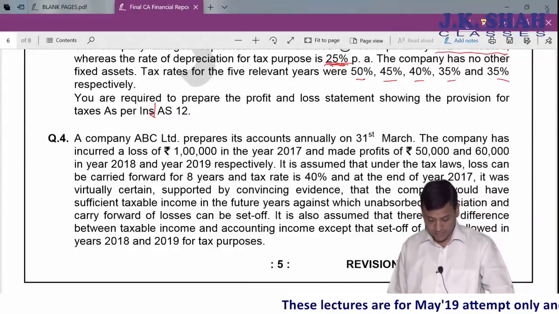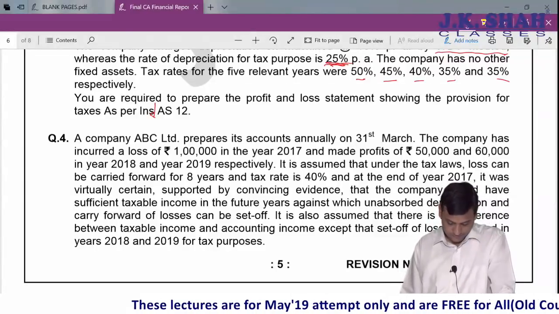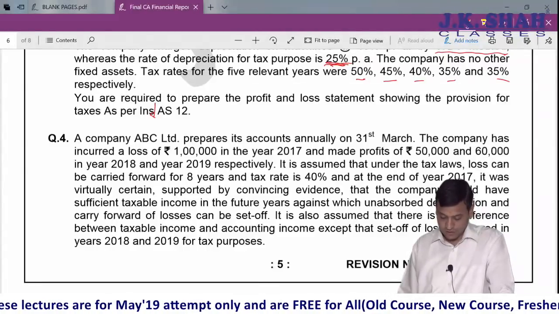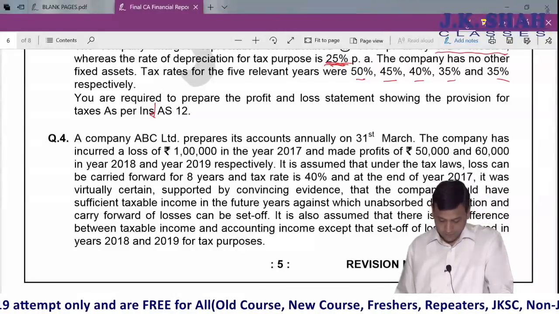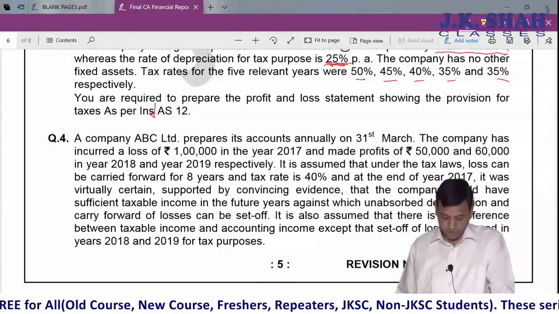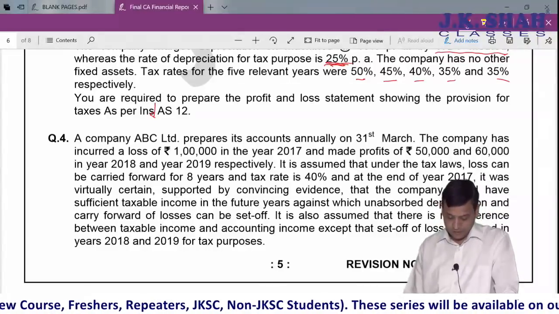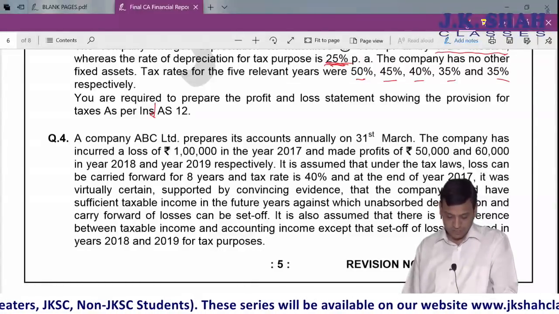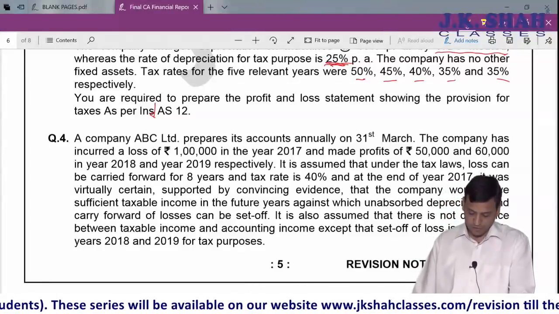On 31st March, the company has incurred a loss of 1 lakh in the year 2017 and has made a profit of 50,000 and 60,000 in the years 18 and 19 respectively. It is assumed that under the tax laws, loss can be carried forward for 8 years and the tax rate is 40%. At the end of year 2017, it was virtually certain, supported by convincing evidence, that the company would have sufficient taxable income in future years against which unabsorbed depreciation and carry forward of loss can be set off.